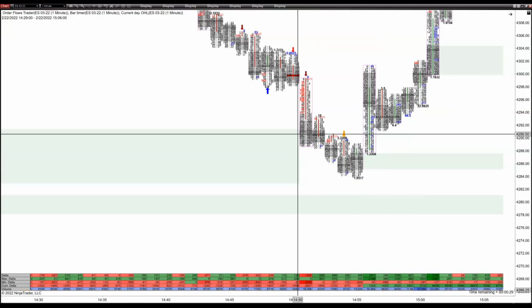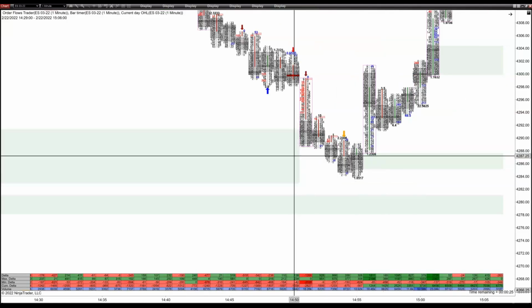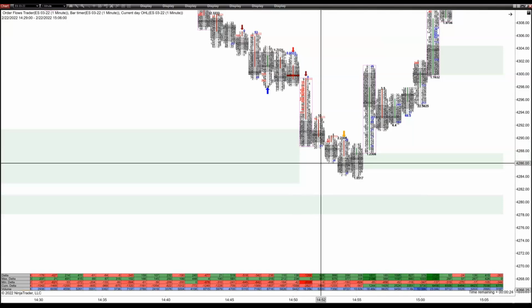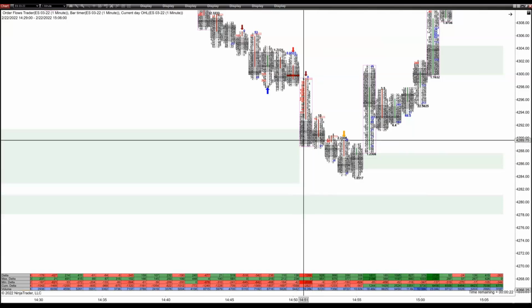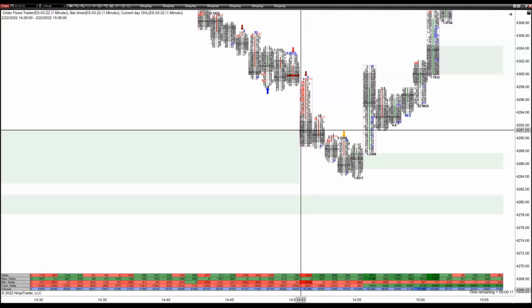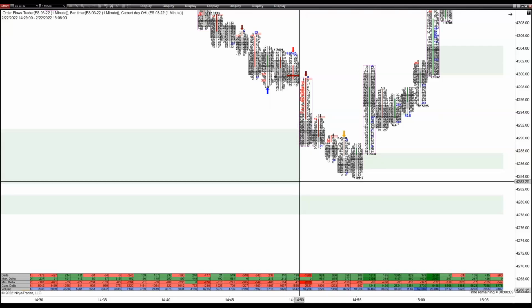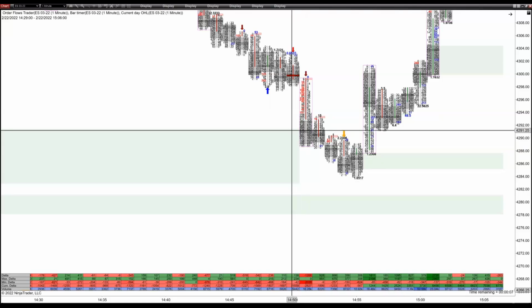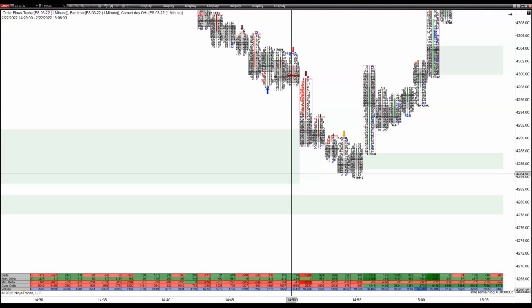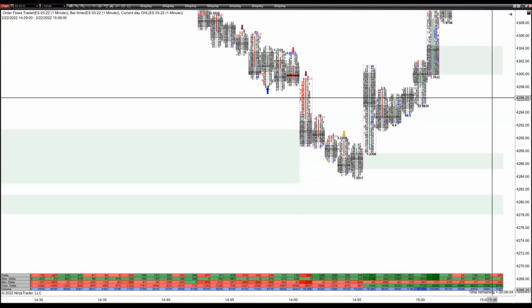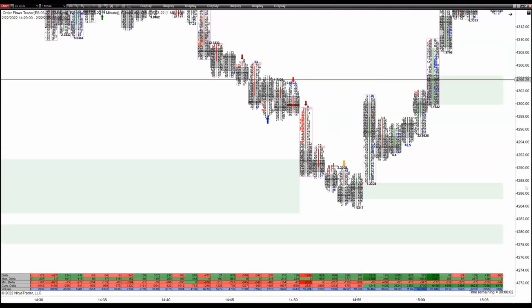I don't know if a lot of people really want to do that, but some of our tests have shown that the bigger the areas, they tend to hold a bit better. But at the same time, since it's a bigger area, you have more space. So I got 10 points, I got 9 points of wiggle room, and 9 points of wiggle room is a lot, as opposed to a tighter zone.